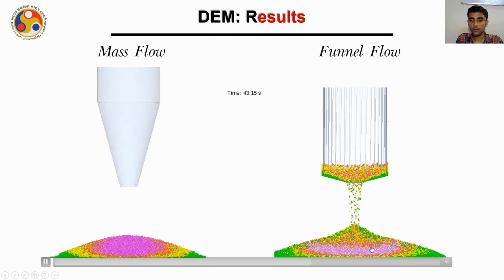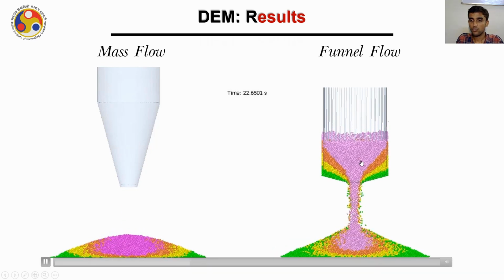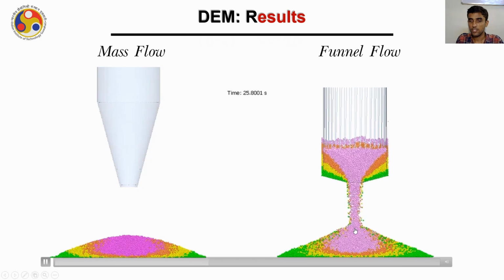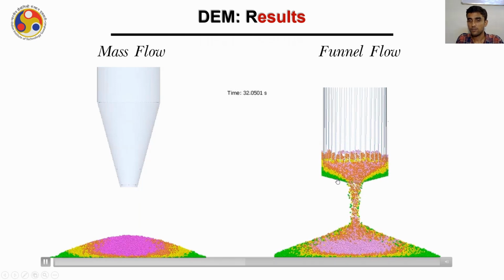You can see the difference that it makes in the discharged powder piles. Again, this is the case where the pink particles are going to discharge first, then all the orange particles, followed by some of the yellow ones and then the pink ones.